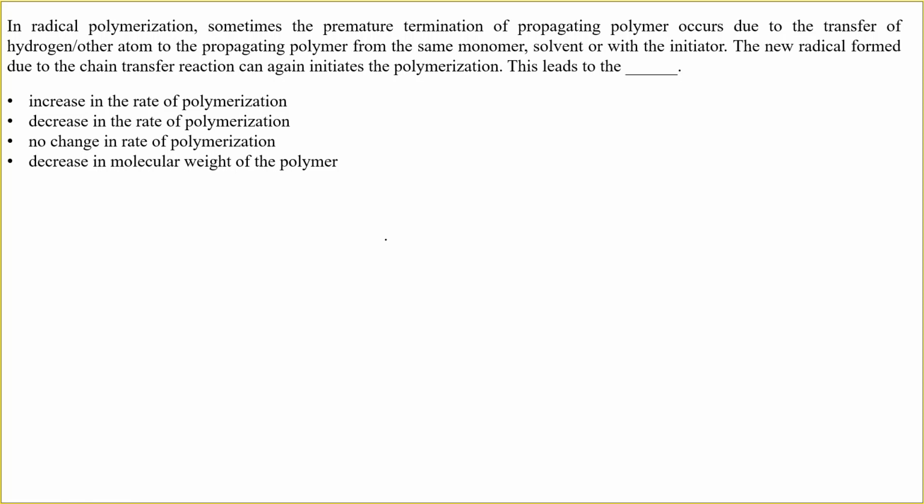The reason this happens is the transfer of hydrogen and other atoms to the propagating polymer from the same monomer, initiator, or solvent. So decrease in the molecular weight of the polymer is the correct answer for this question, since the polymerization reaction rate is reduced.